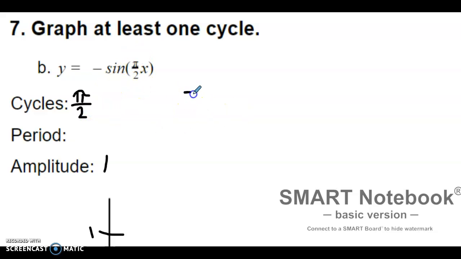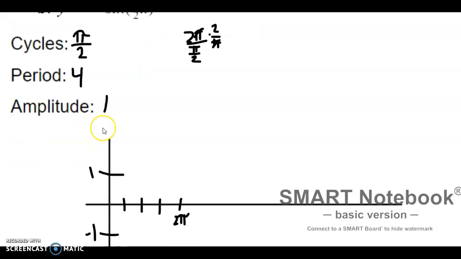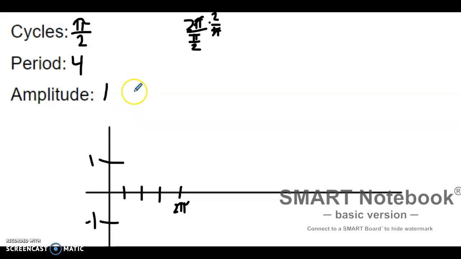And the period is 2 pi divided by b, which is 2 pi divided by pi over 2, so that's multiplied by 2 over pi, which then the pi's cancel out, and 2 times 2 is 4. So it is 4, which if you'd have graphed it, you could also have seen that too, because every half of a pi, you're going to have a cycle.